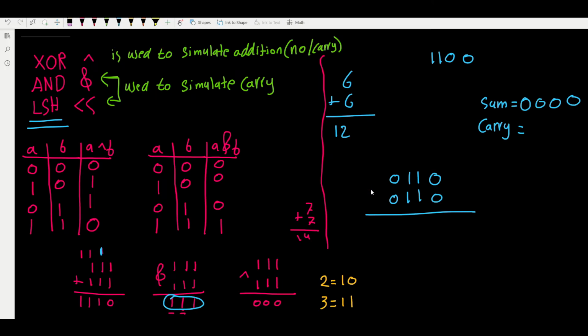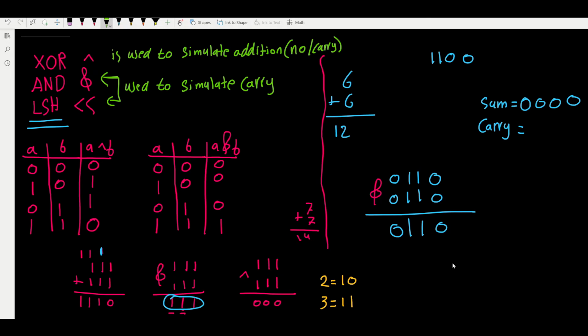Now let's look at the carry. Well, we said we need to do the AND operator, then we will do a left shift. Now in AND, we need both of these bits to be a 1 to get a 1, which means that 0 and 0 is 0, 1 and 1 is 1, 1 and 1 is 1, 0 and 0 is 0. So this is the carry, but we need to left shift this number to the left by 1 position, right?